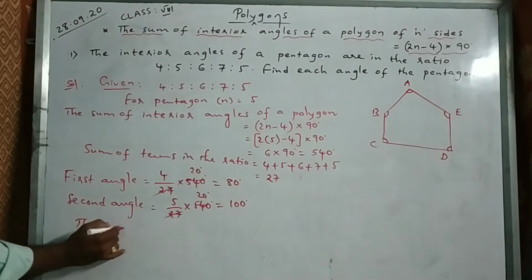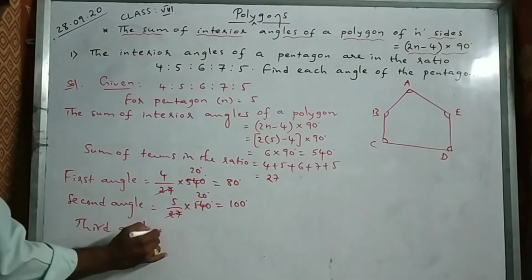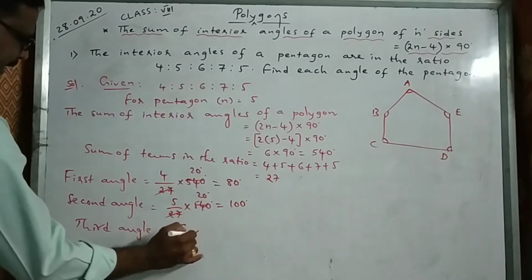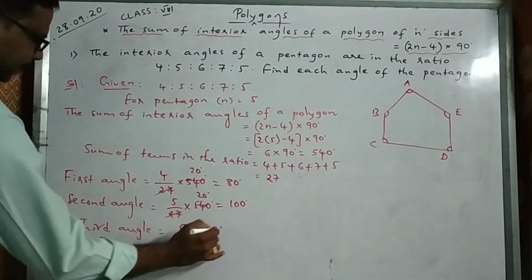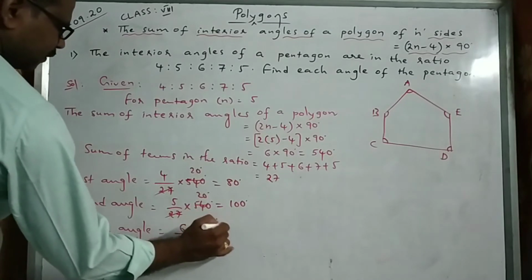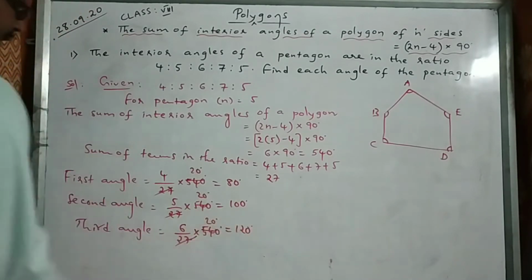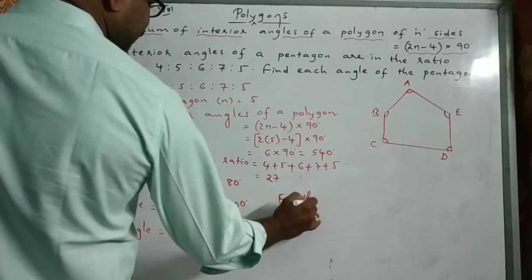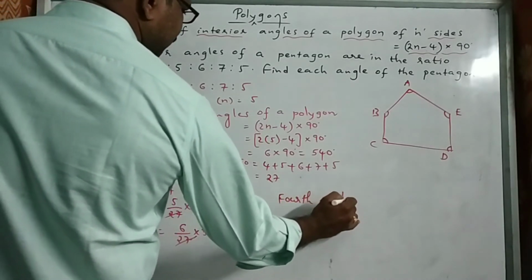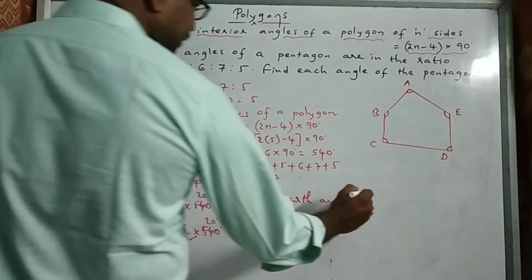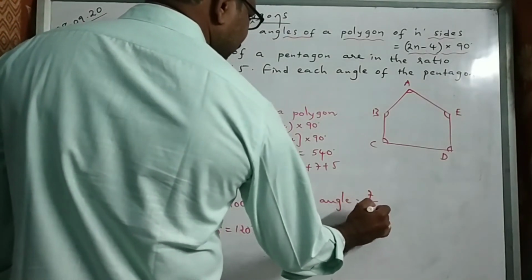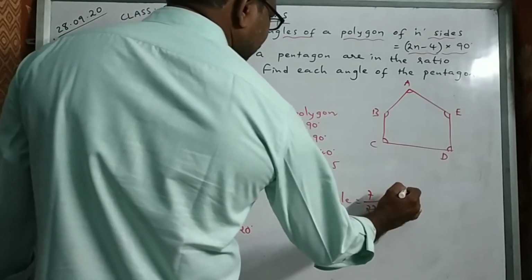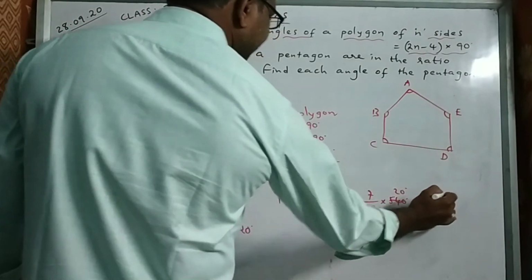Third angle is equal to, what is the third term here? 6 upon 27 into 540. 120. Right? Fourth angle, what is the fourth term? 7 upon 27 into 540. 7 twenties are 140.